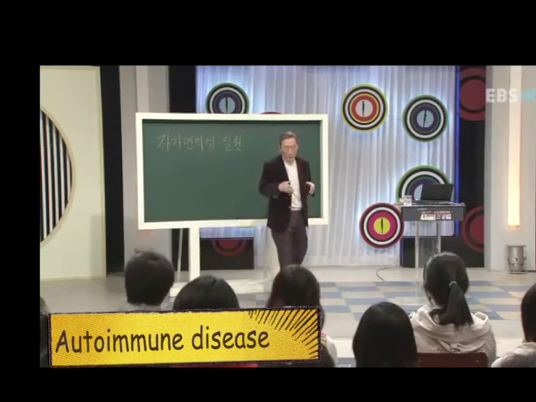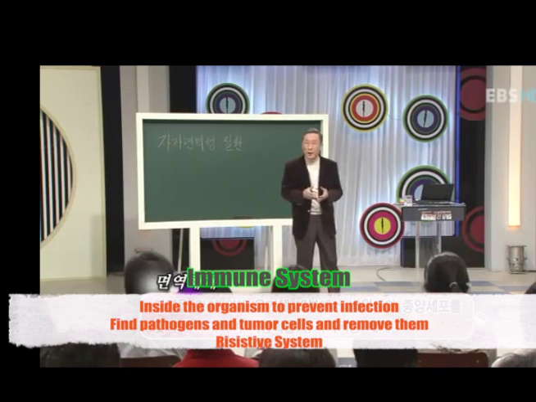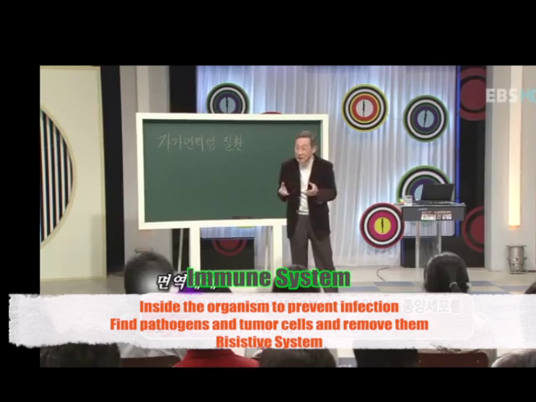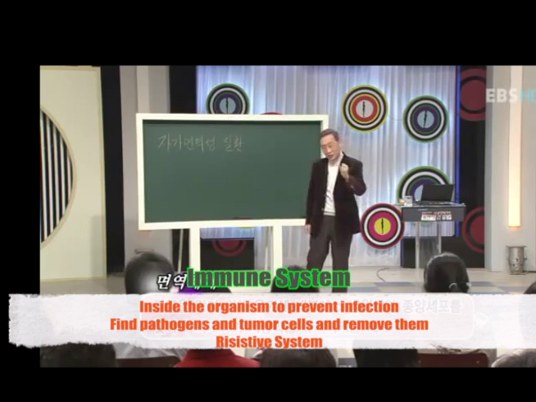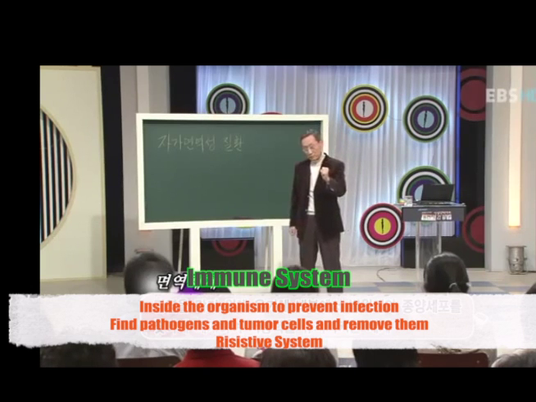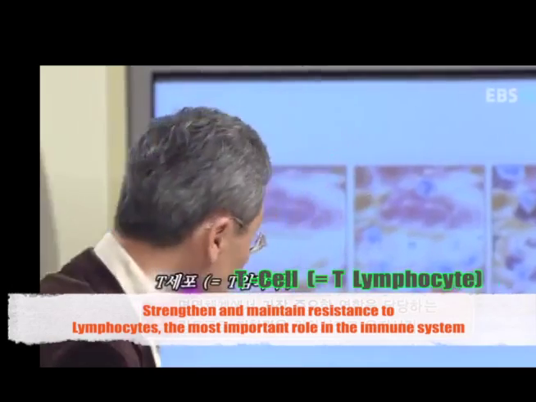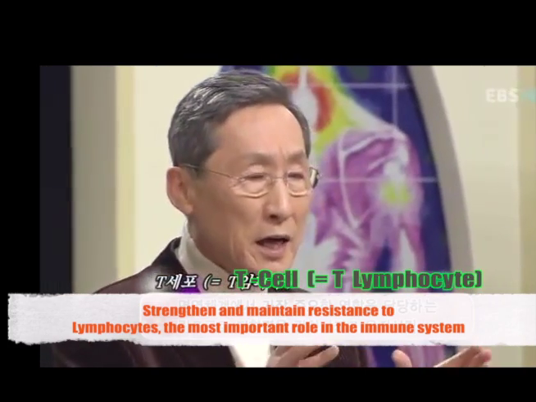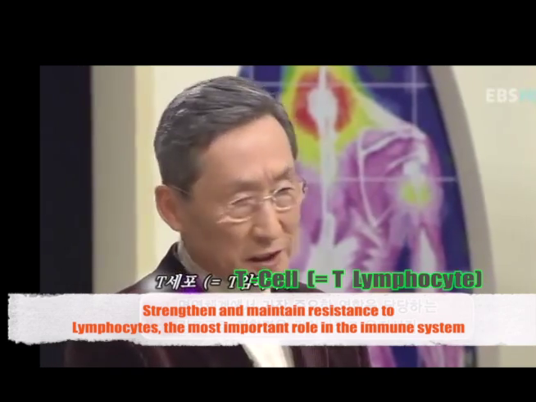We have an immune system in our body. The immune system is in charge of white blood cells. There are various kinds of white blood cells. The most important among them is the T cell, the T lymphocyte. But the T lymphocytes have degenerated.